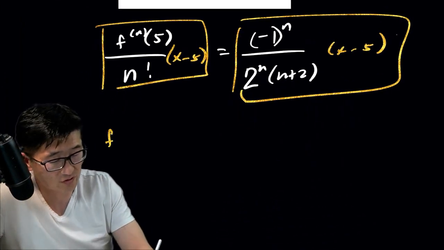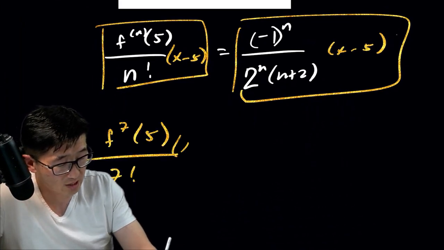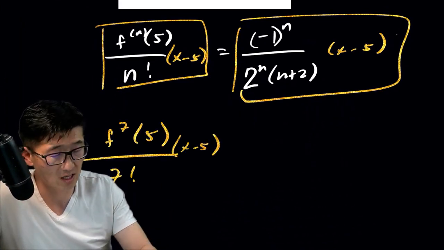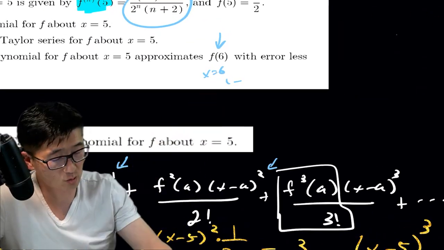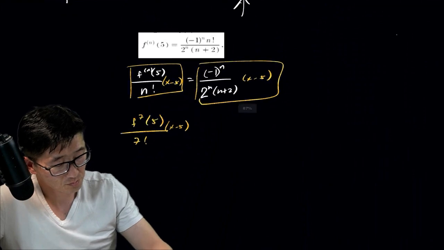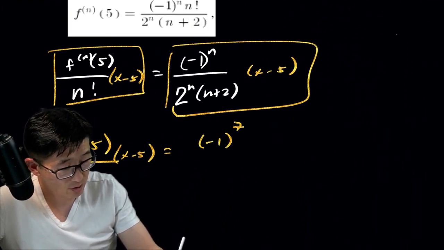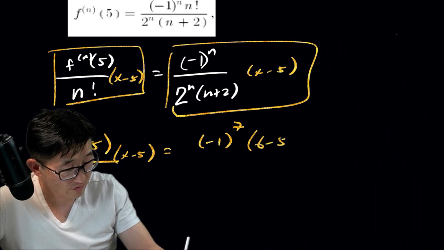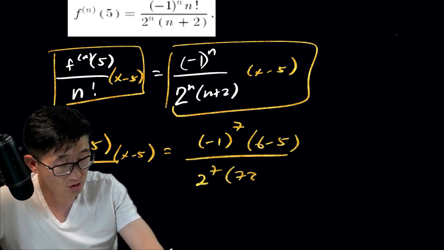Okay, so f of 7, 5 over 7 factorial at x minus 5. And by the way, x, again, is this term right over here at x equals 6. That's what we're looking for. So we plug it in: negative 1 to the 7th power, 6 minus 5 over 2 to the 7th, 7 plus 2.